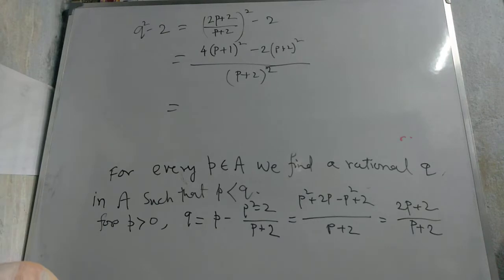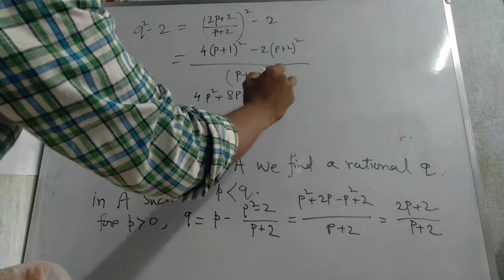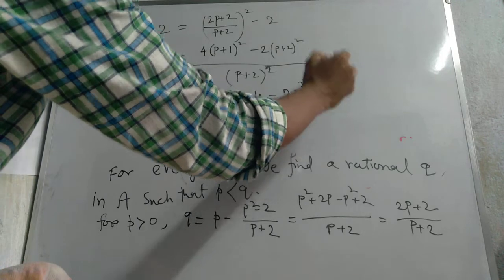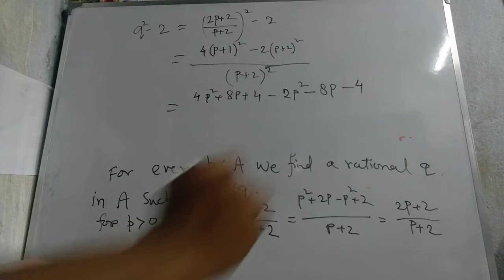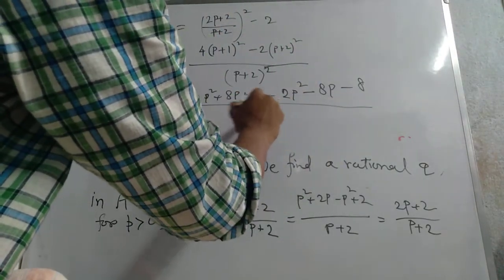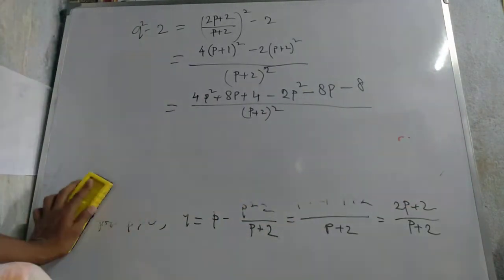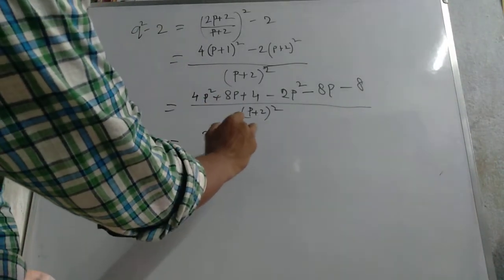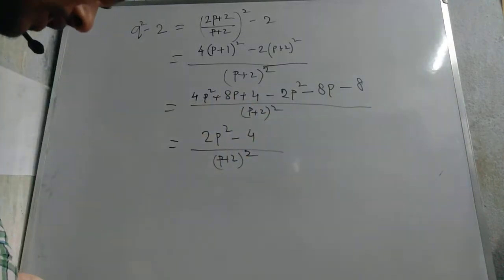Then 4p square plus 8p plus 4, minus 2p square minus 8p minus 8. Then we find that this equals (2p square minus 4) by (p plus 2) whole square.